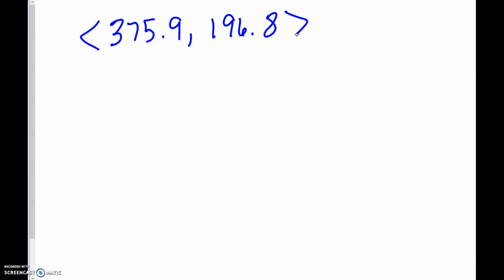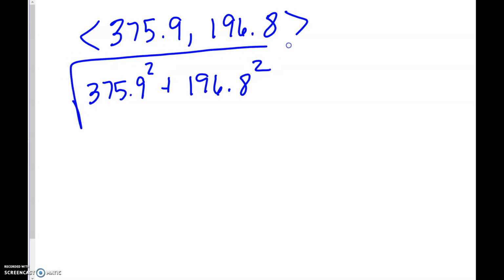So remember, with this distance, like I showed you before, we're just going to use the Pythagorean theorem to find this. So I'm going to take 375.9 squared plus 196.8 squared, and then remember to take the square root of that, and that is going to give us what the actual plane speed is.